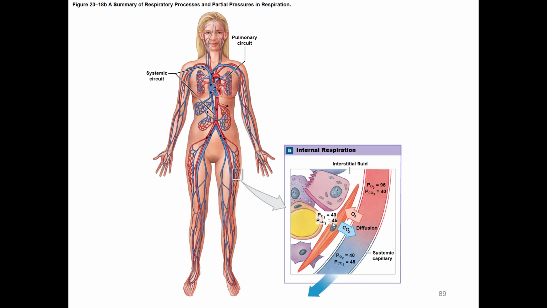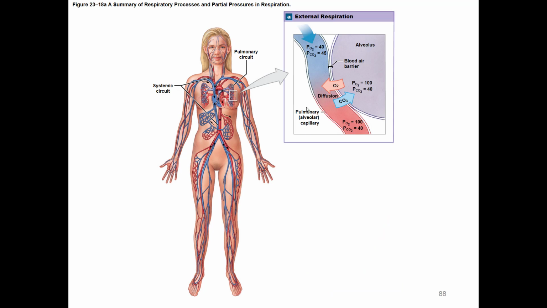We compare CO2 in the tissues, which is 45, to the CO2 in the blood, which is 40. So we're going to diffuse high to low. CO2 diffuses into the bloodstream. We are now deoxygenated, so we are going to carry this deoxygenated blood back to the heart and lungs, and then start this process again.